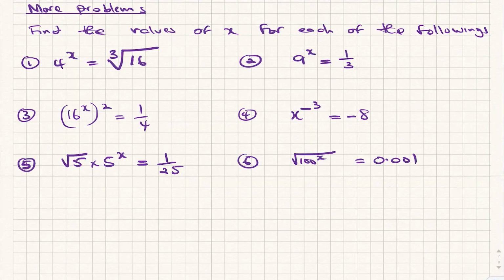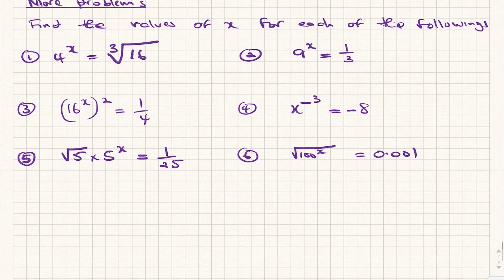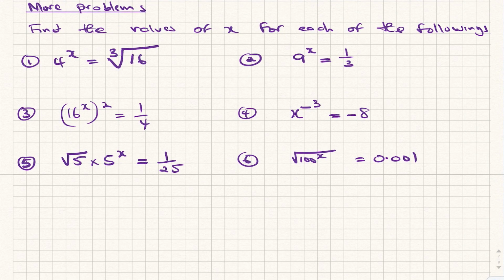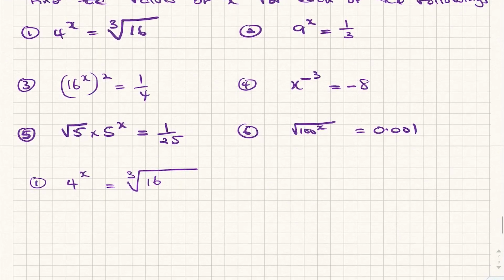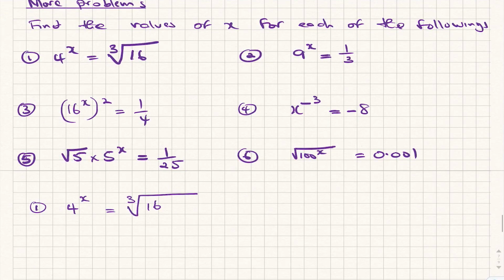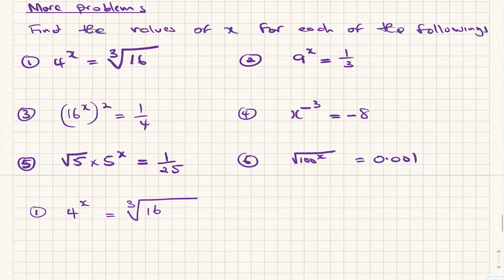These are indices questions. So the first question, question number 1. 4 to the power x equals the cube root of 16, basically. Now, the best solution to this question is we're meant to solve for x, making x the subject. So that's what that meant.